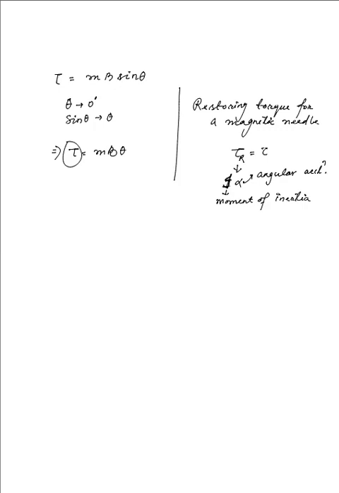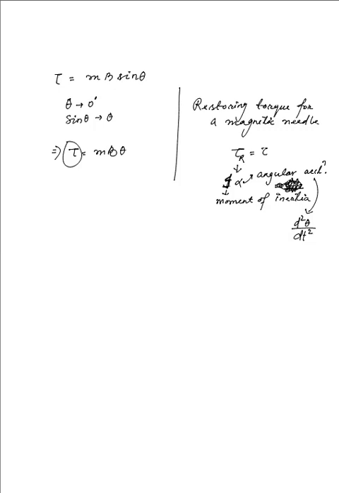So the restoring torque in this case, now the angular acceleration can also be expressed as the double derivative of the angle theta with respect to time. That is the angular displacement, d square theta divided by dt square, the double rate of change of the angular displacement theta with respect to time.